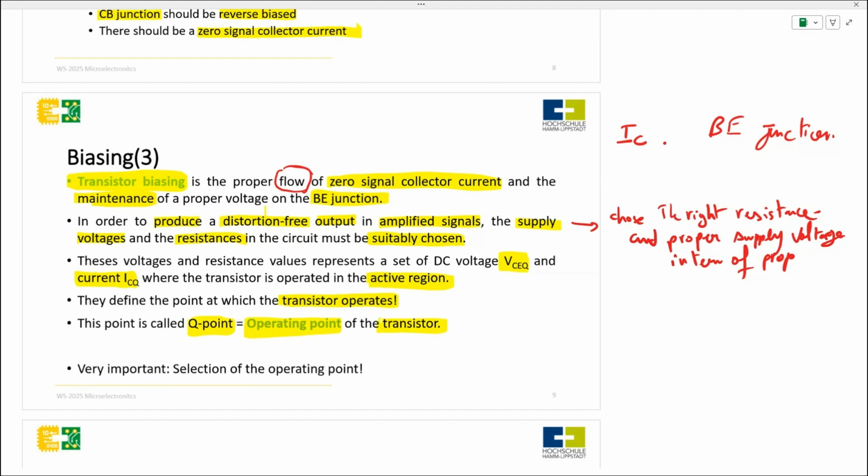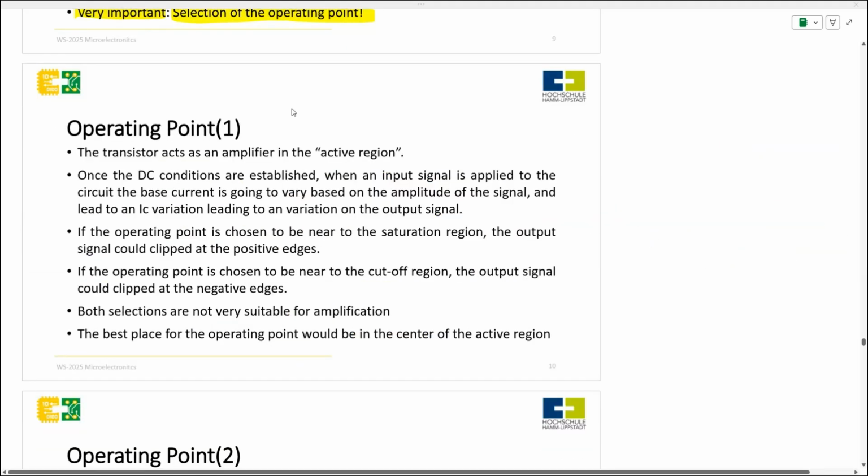And a very important note is the selection of the operating point. We will be talking about the operating point in more detail. So, what do we mean by an operating point?